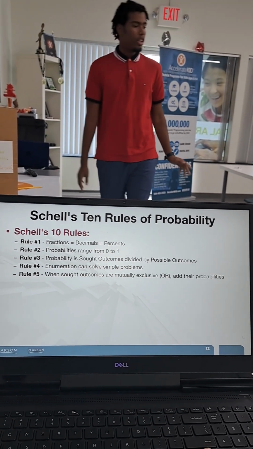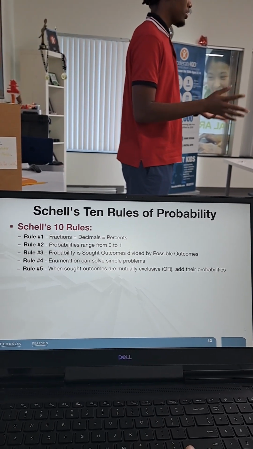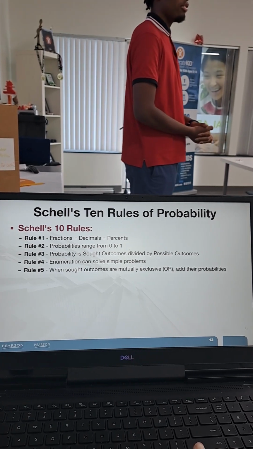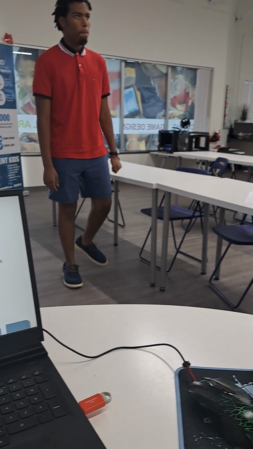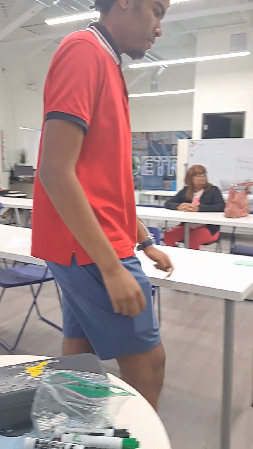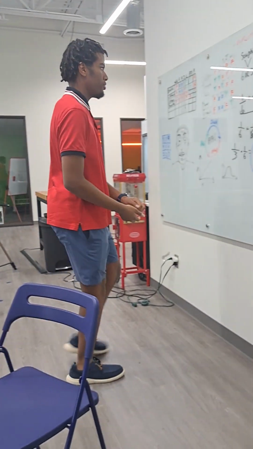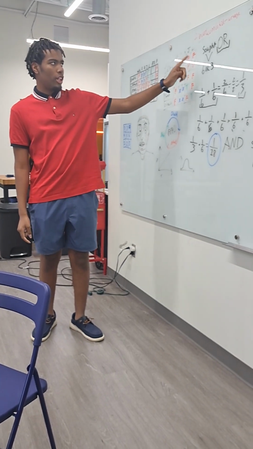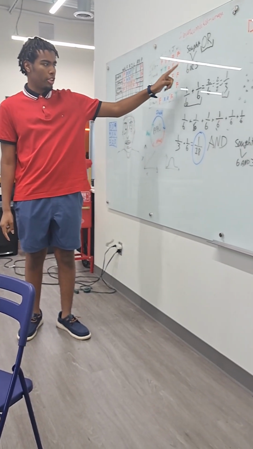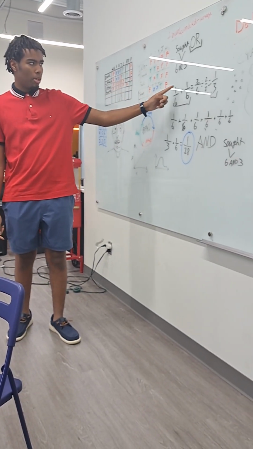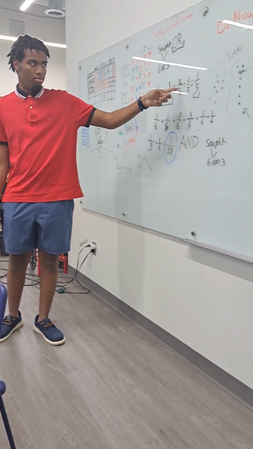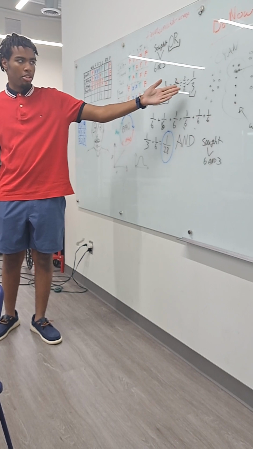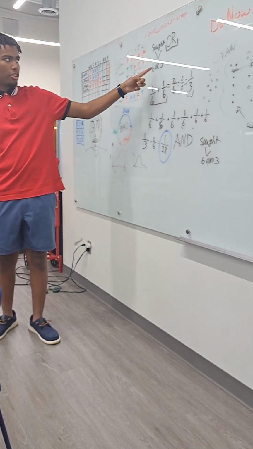And Rule 5: sought outcomes are mutually exclusive. So, to draw back to this board right here, if I wanted to roll either a 6 or a 3, this is where the possible chance comes in, and if you add that and divide that, you have about a 33% chance of getting either a 6 or a 3.